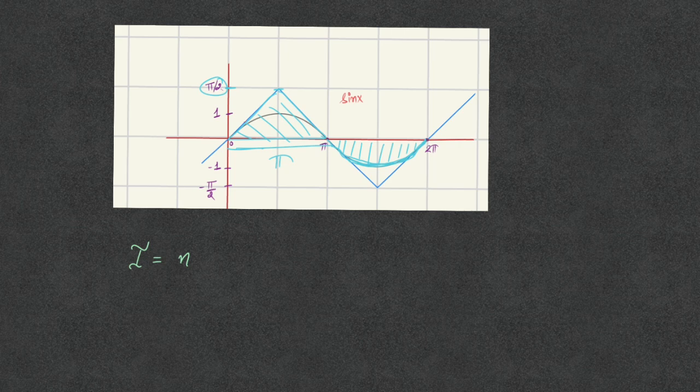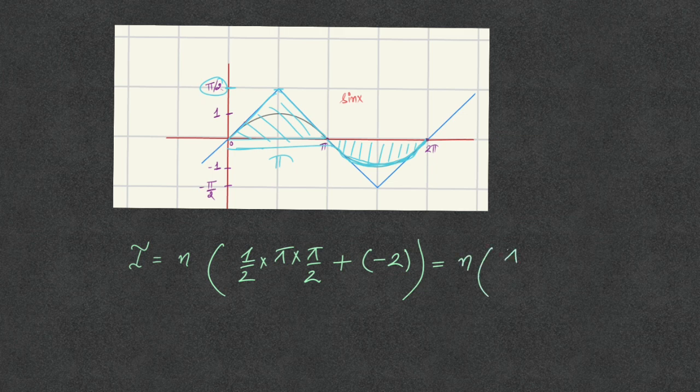Finally the integral becomes n into half into π by 2 plus the integral of the sine curve, which is minus 2, and upon solving we get n into π squared upon 4 minus 2, and finally I becomes n into (π squared minus 8) by 4.